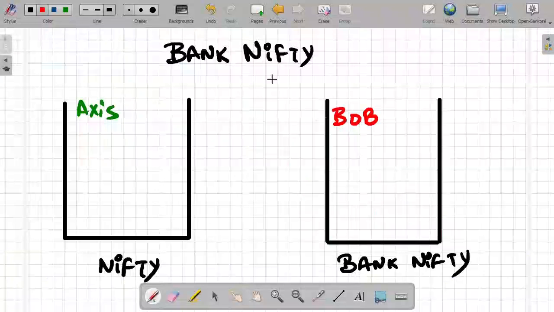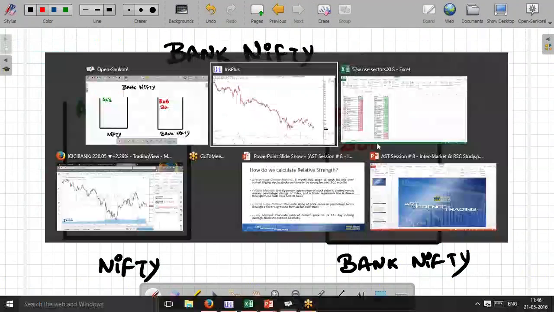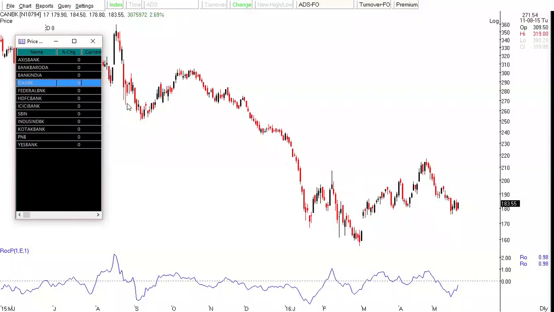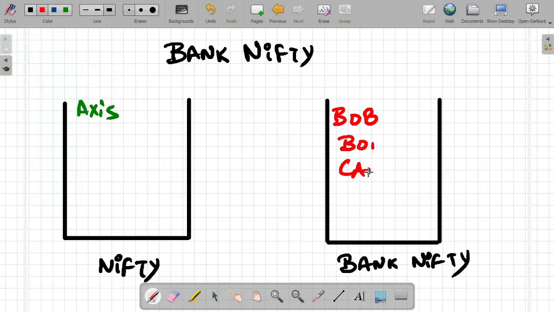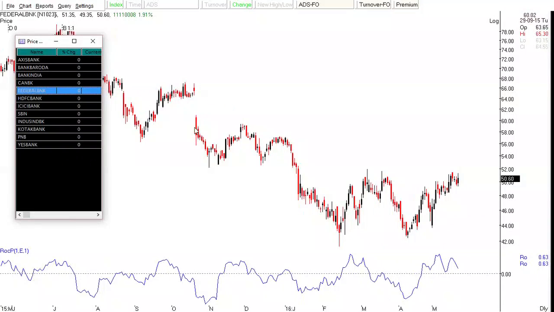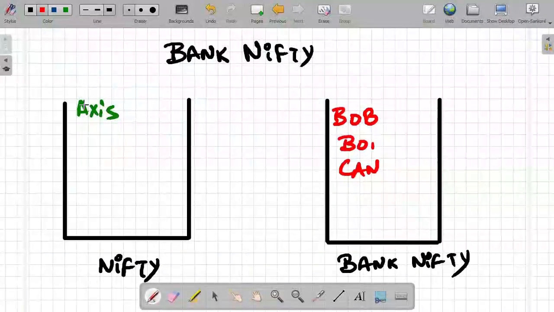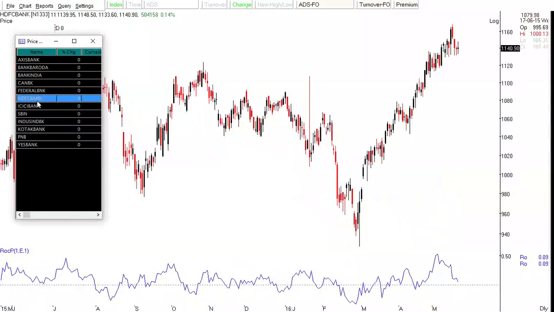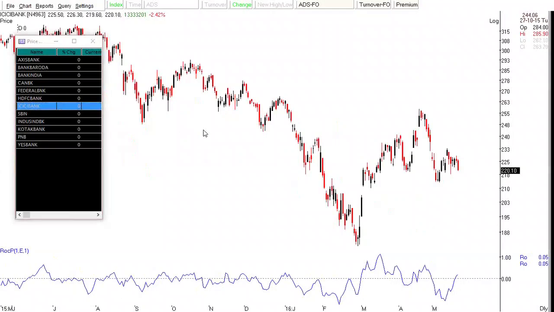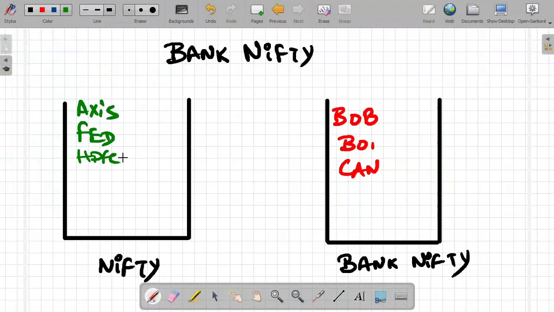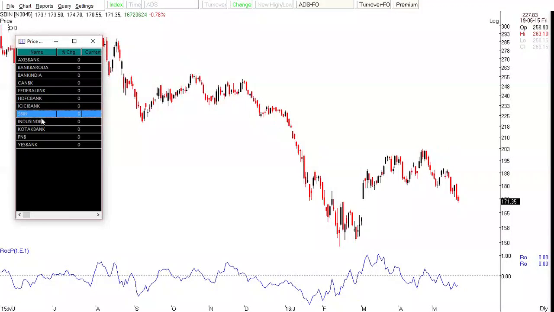Bank of India, not interested. Canara Bank, not interested. Federal Bank, interested because it's positive. HDFC, positive. ICICI Bank, positive. SBI, negative.